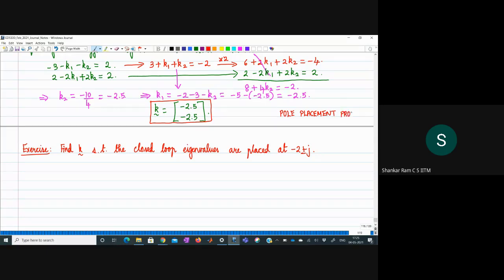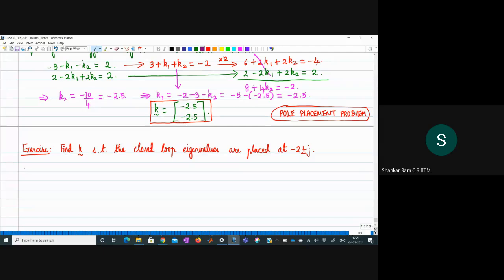So this problem is also called a pole placement problem. If you encounter the term pole placement problem, what is being referred to is the problem of full state feedback, wherein we calculate this controller gain to place the closed loop poles or closed loop eigenvalues at certain desired locations. All right, so I hope this is clear.